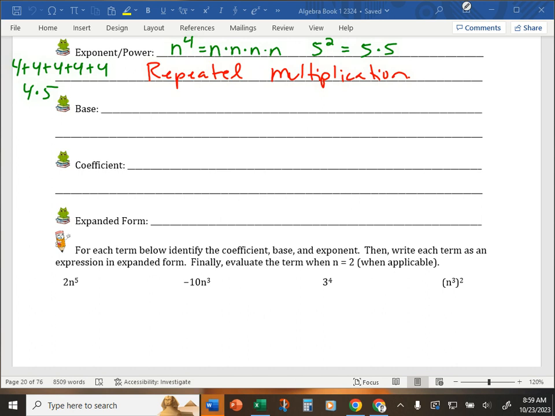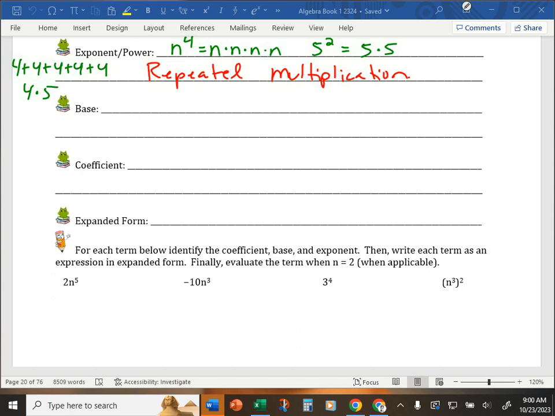Just like multiplication is repeated addition, exponents are repeated multiplication. It's an easier way to write n times n times n times n or 5 times 5. Questions so far? Got the basics of it? Repeated multiplication.